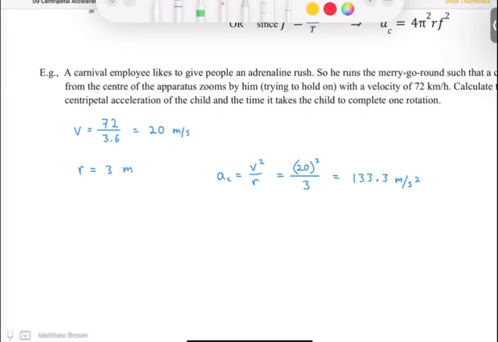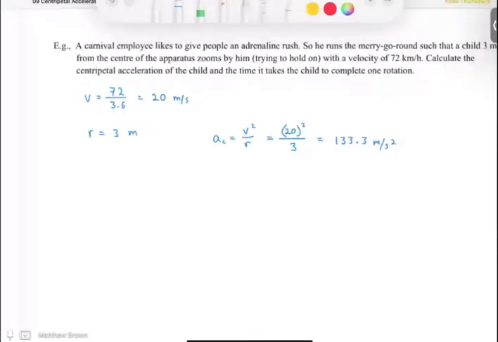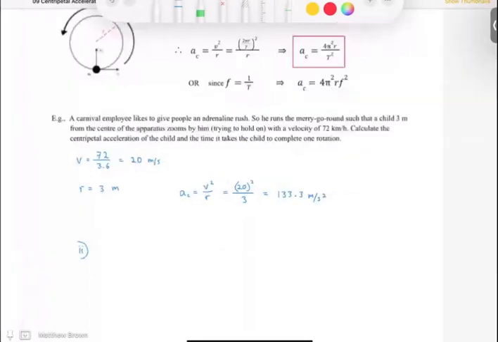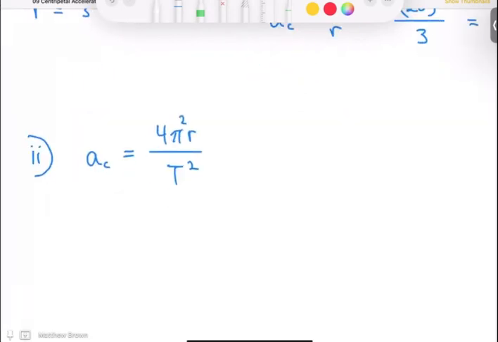For the second part, if we want the time to complete one revolution, then I'll just put it part 2 here. Then I would use that equation we just found up here for centripetal acceleration. So AC equals 4 pi squared r over t squared. Now, t squared is not the thing we want, we just want the t. And so I can multiply both sides of this by t squared, and I can divide both sides of this equation by AC.